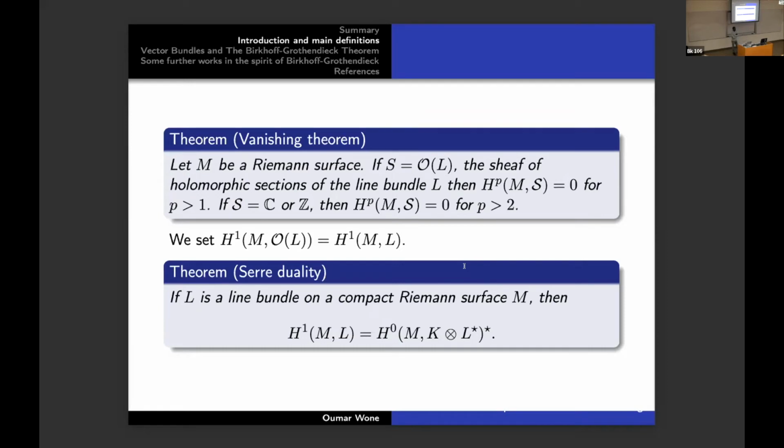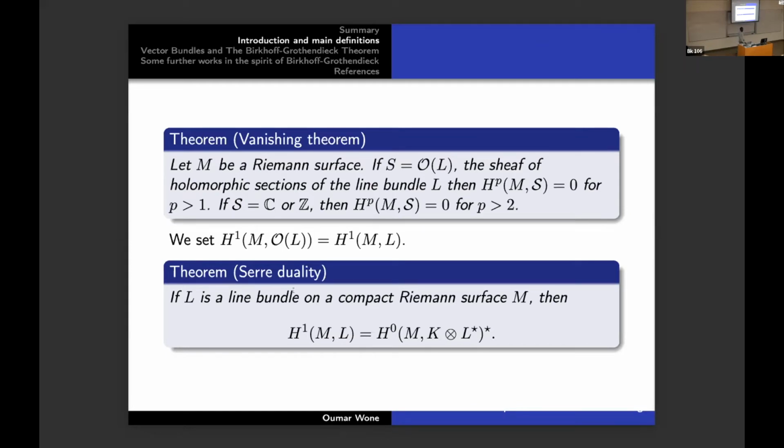Now, given a Riemann surface M, if we take S as the sheaf of holomorphic sections of the line bundle, then we have the vanishing theorem, which says that H^p(M,S) is 0 for p strictly greater than 1. And for S equal to C or Z, we also have the vanishing of this cohomology group.